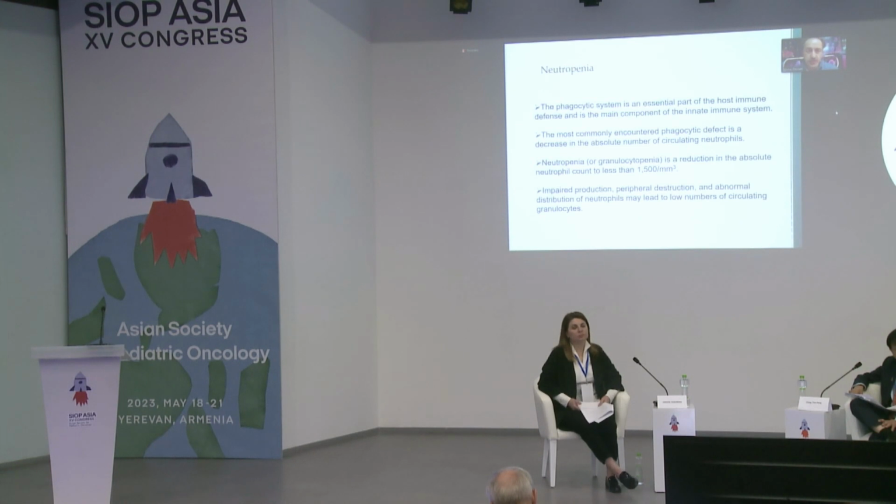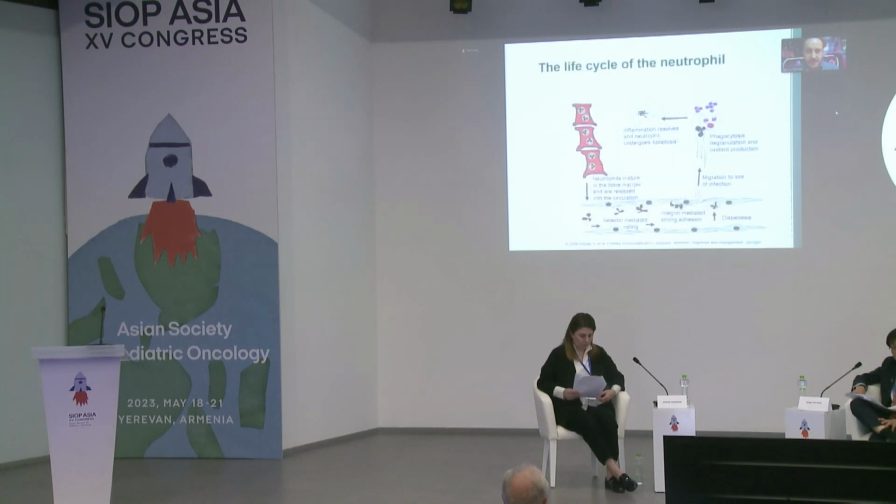And as you know, neutropenia is defined by absolute neutrophil count of less than 1,500, which could be classified into three groups of severe neutropenia to less than 500, 500 to 1,000 as moderate neutropenia, and 1,000 to 1,500 as mild neutropenia.